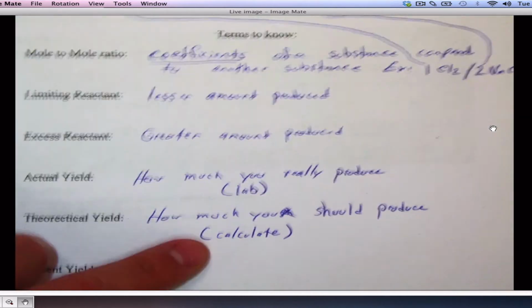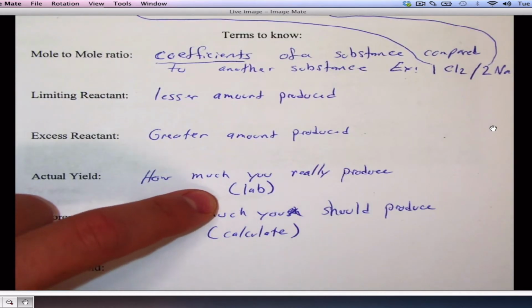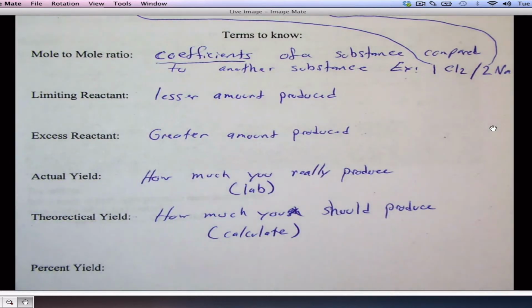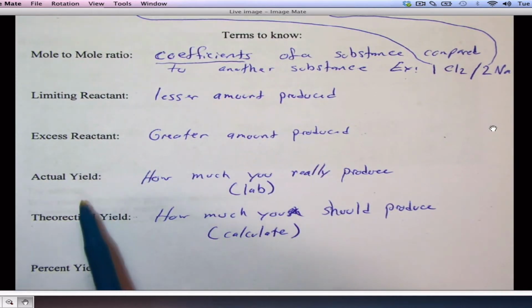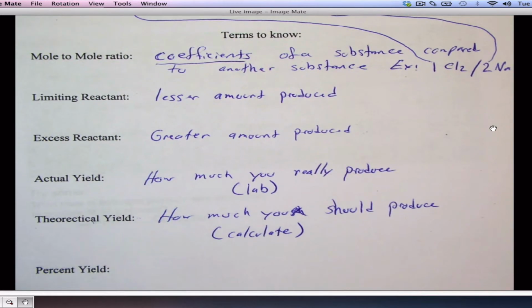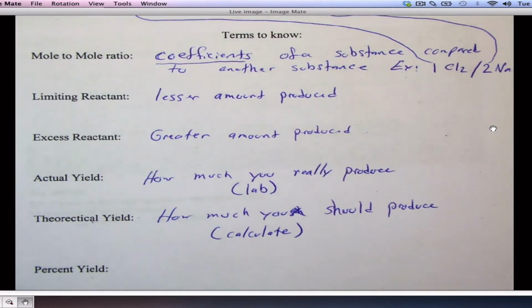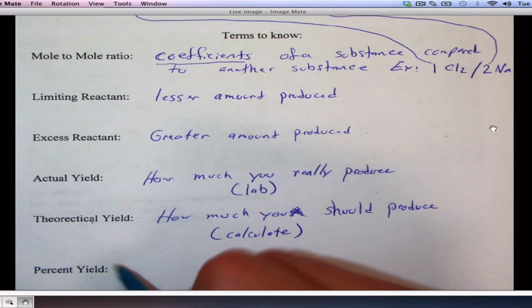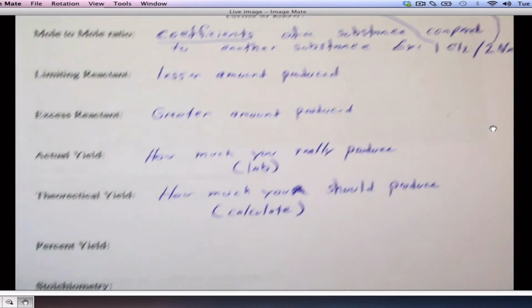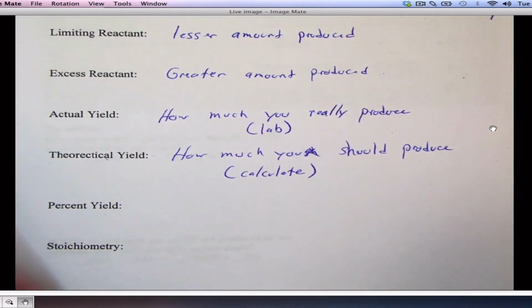All right, so this would be a calculation you would do, and they might give this to you, or you might say in a lab, I got 10 grams when I should have got 11 grams or something like that. Percent yield is comparing the actual versus theoretical yield. So percent yield is how much based on comparison.